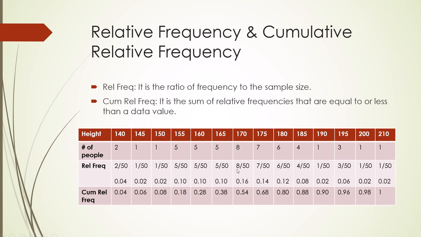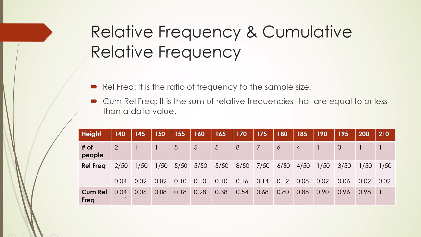If I divide 8 by 50, which is the sample size, I get the relative frequency for 170. I can also write it as a decimal, and in this case I can also find the percentage. Now I know 16% of the people in this sample have height 170 centimeters.